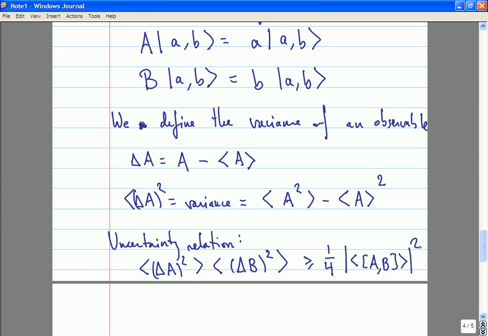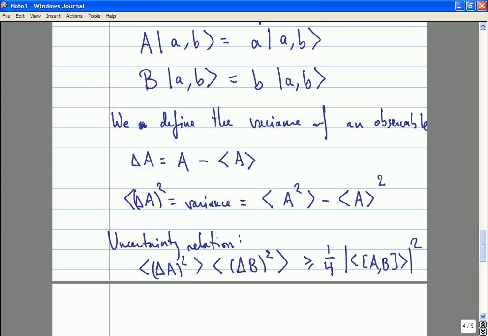So if A and B are Hermitian operators, then their commutator is an anti-Hermitian operator. I guess I haven't proven that to you, but it's a straightforward thing to prove, and we'll prove it in the course of proving this uncertainty relation. And then the expectation value of that anti-Hermitian operator squared is a number which sets a fundamental lower bound on the variance of A times the variance of B.